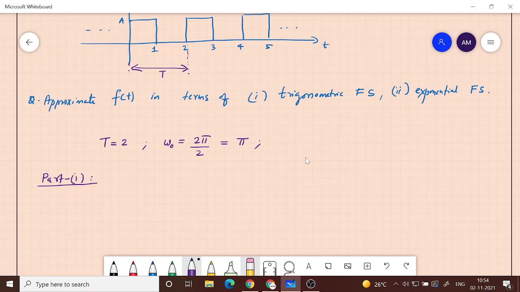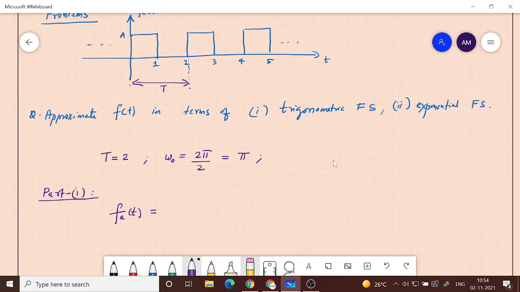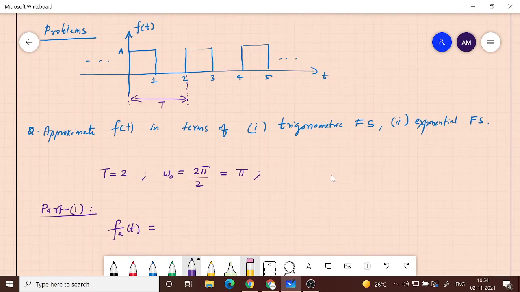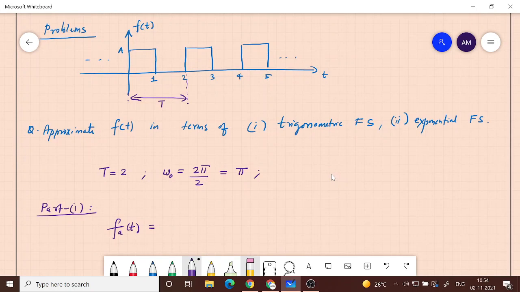So how will you approximate the function f of t? So this is our f of t. Now when you approximate it in terms of the trigonometric Fourier series, we will have an a0, then we will have sigma an cos n omega 0 t, where n goes from 1 to infinity, plus bn sin n omega 0 t.